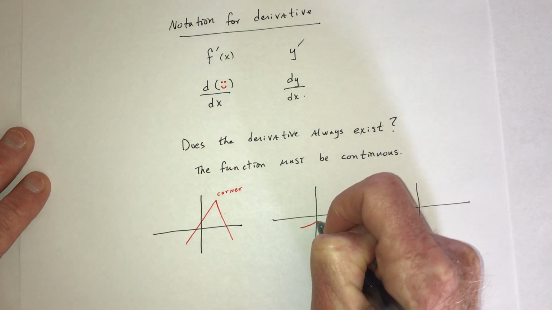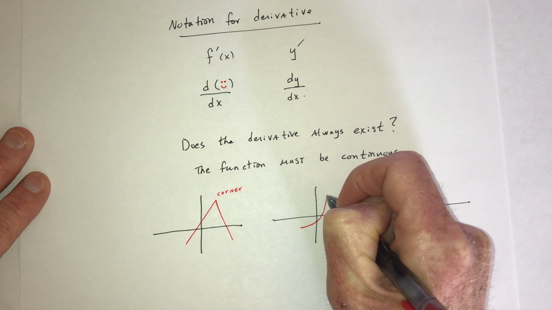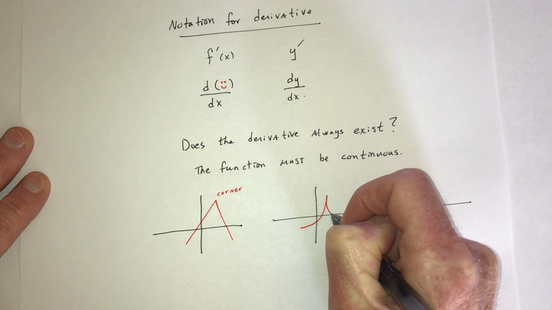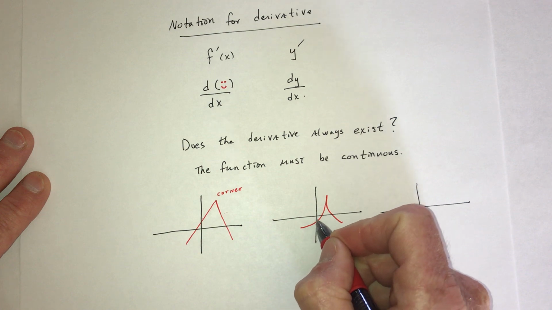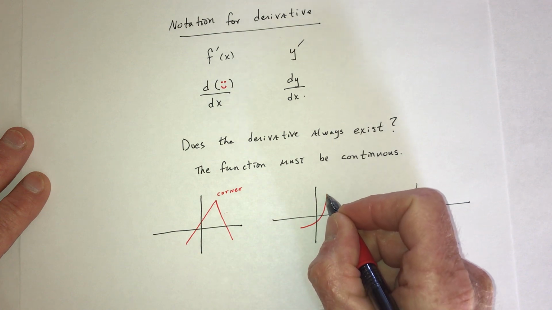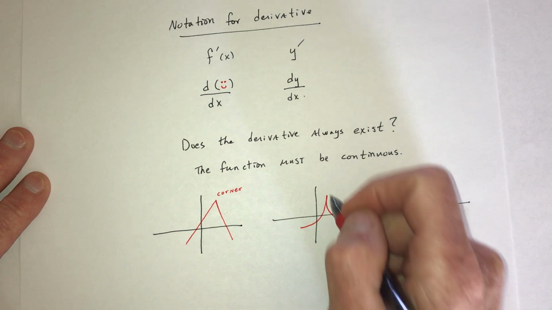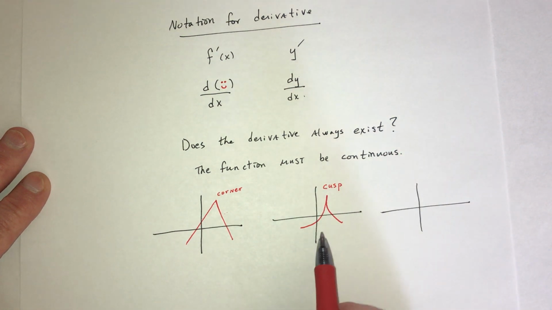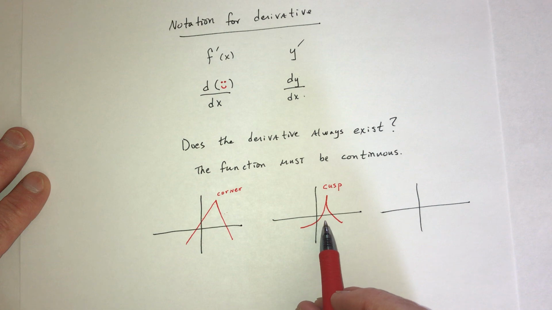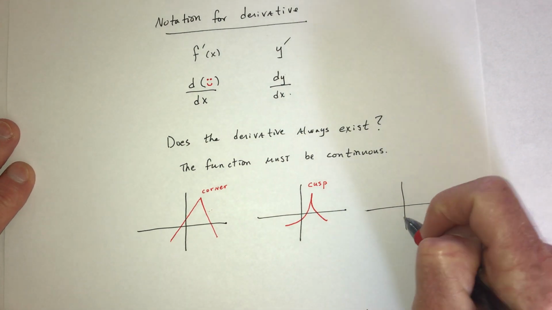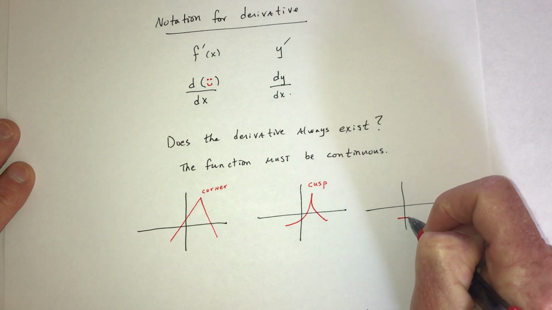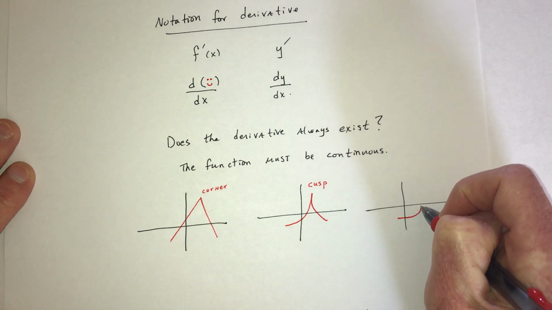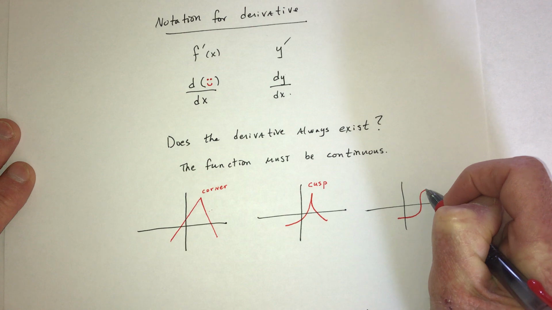Then there's a shape that's similar to that, except it's much, much sharper. It goes like this. So basically the function is pretty much going vertical and then it goes back down. This is called a cusp. And the derivative does not exist at that point. And there's one other possibility, and that is the function's going along fine, and then for a moment it basically goes vertical.